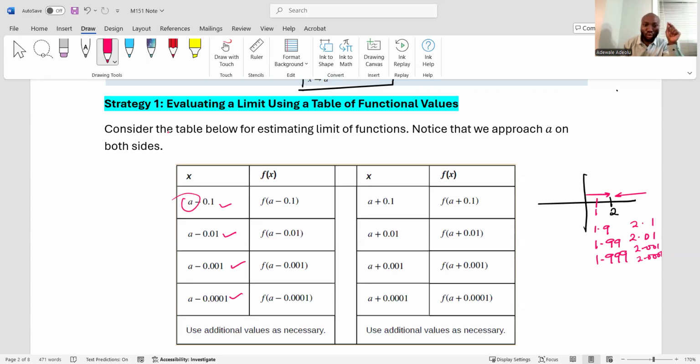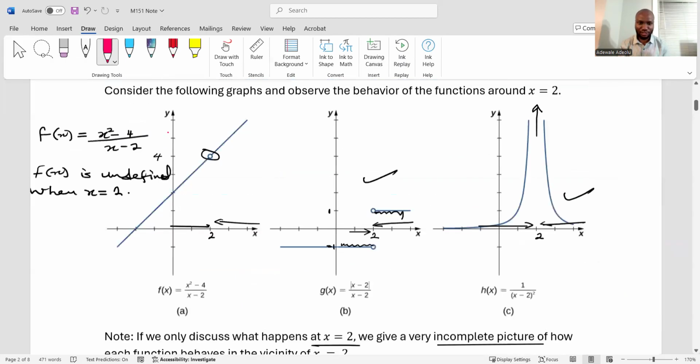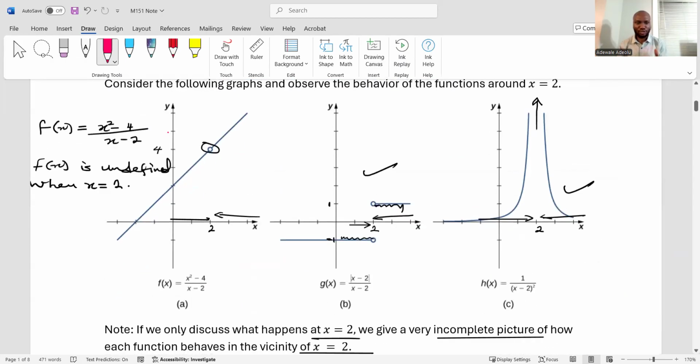And then you are going to compute the functional value, f of whatever this is giving you. You're going to estimate the y value. It is the same thing as what we did here on the graph. We say as we come closer and closer, we are every time looking at the y value, checking the y value, and we see it is getting closer and closer to this.